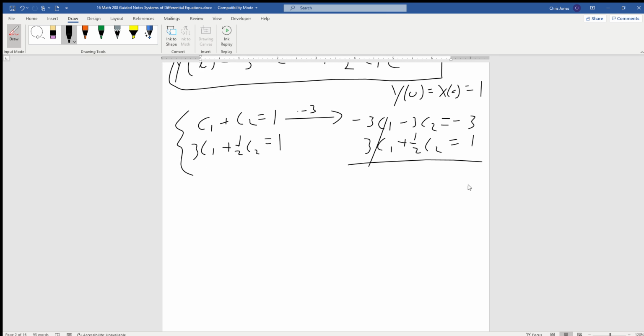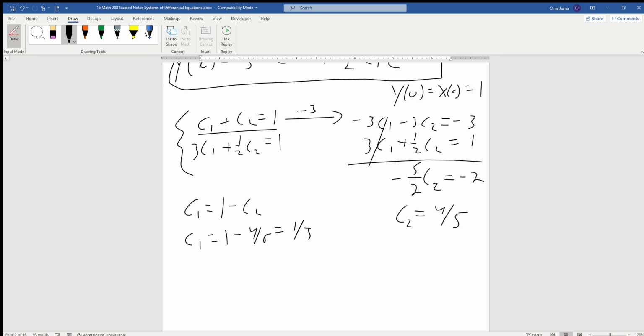This is going to turn into -5 halves c2 equals -2, and then we end up with c2 is going to be 4/5. Right? So that's really nice. c1 is equal to 1 minus c2, just solving that equation. So c1 is going to be 1 minus 4/5, or 1/5.